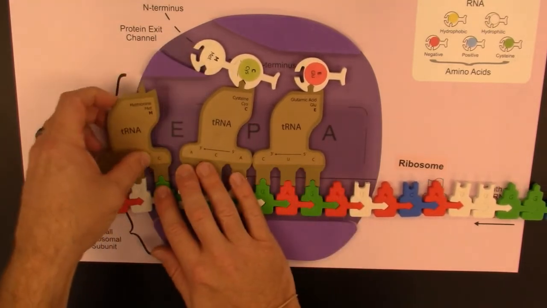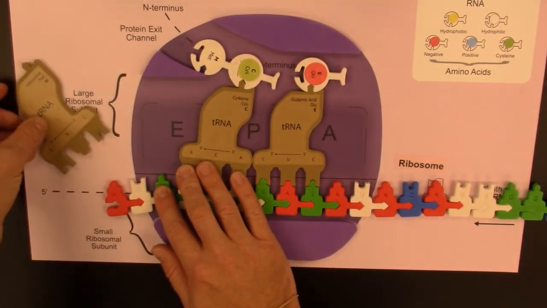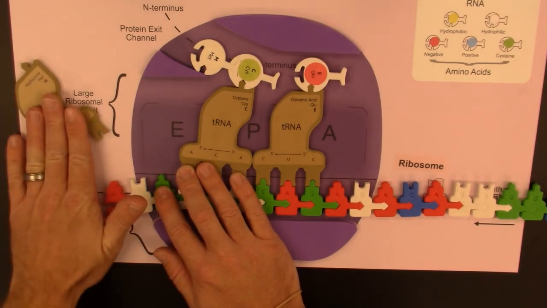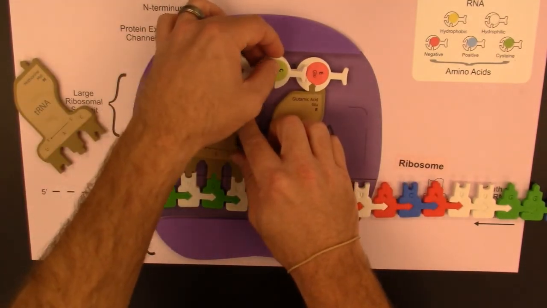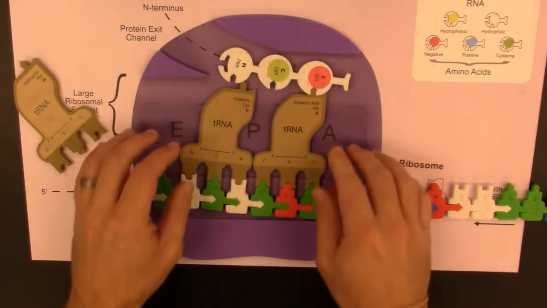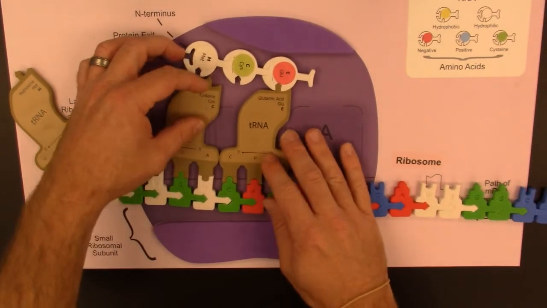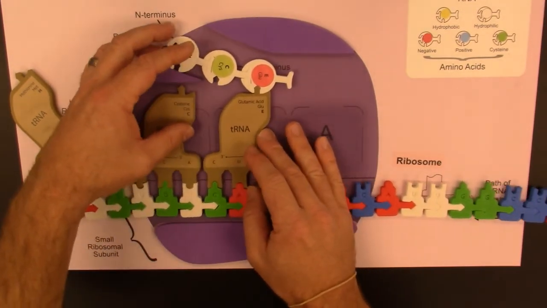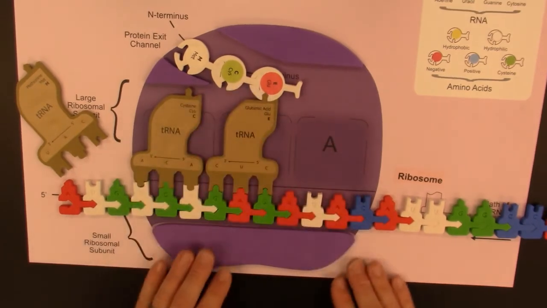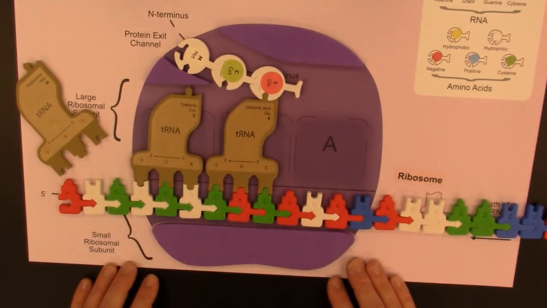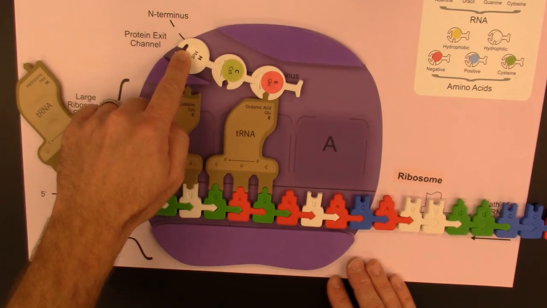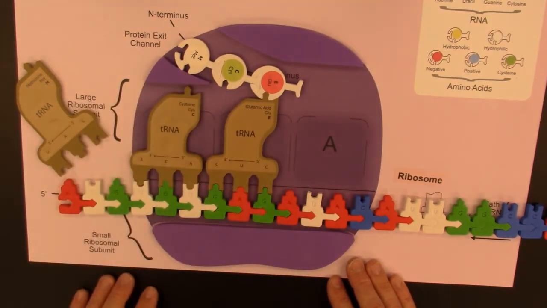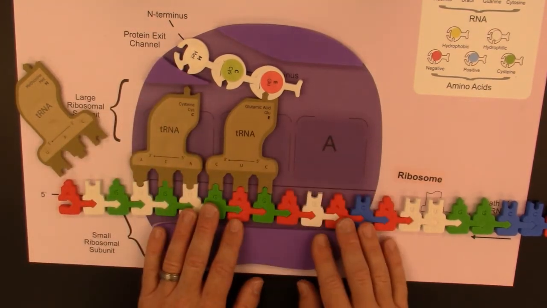This tRNA molecule will disconnect, and we'll go find some more amino acids to be used again. Another peptide bond will be created, and we will move our way along. And we repeat this process over and over again, and we would create a polypeptide. Now I'm going to pause the video for a second. I'm going to put this together and show you what a final product looks like.